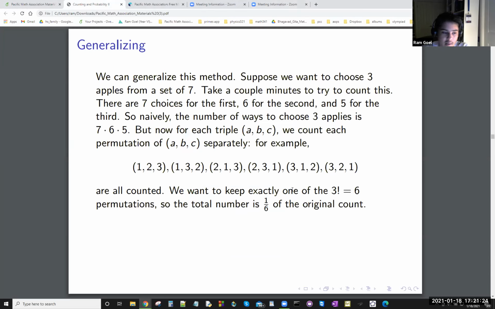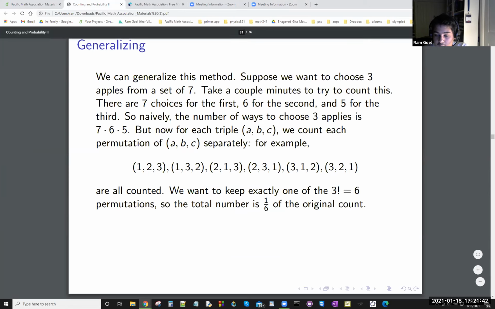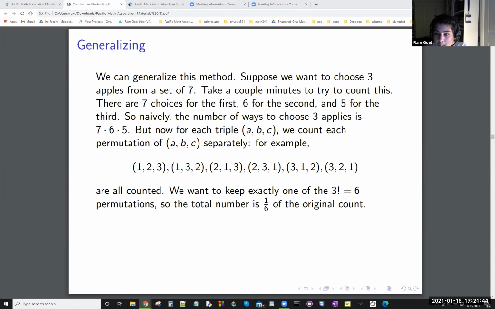The reason is that for every selection, there are 3 factorial permutations, which is 6, and we want to keep exactly one of those. Does that make sense to everybody? Just maybe say yes or no in the chat. In particular, if it does not make sense, then please speak up. I'm going to wait for about 20 seconds.